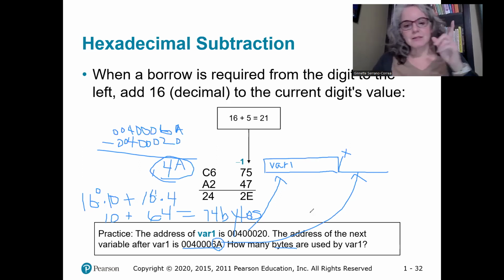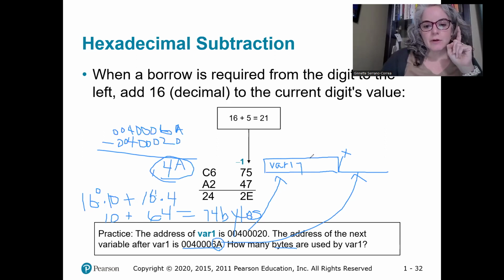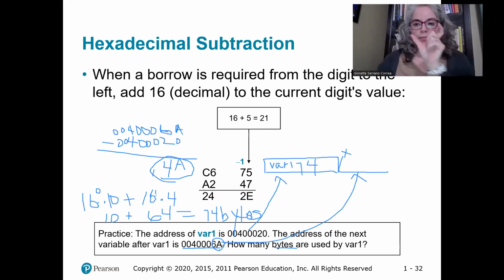And the reason is, this var1 is 74. So this address is where the actual value starts. 004006A is right here.